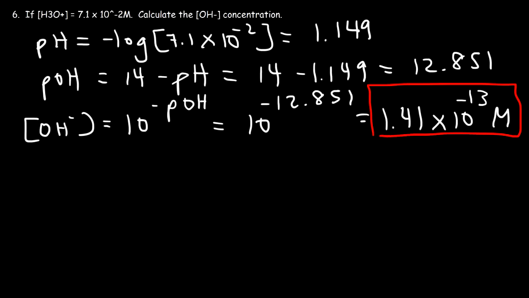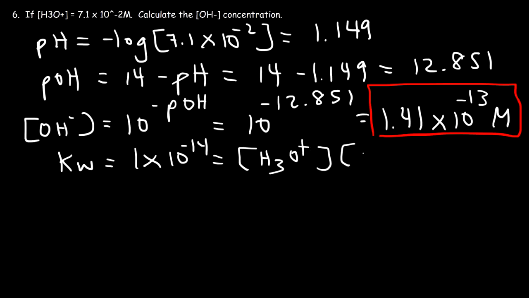Now, it turns out that there's another way to get the same answer, and it's using the autoionization constant for water. Kw, which is 1 times 10 to the minus 14, is equal to the product of the hydronium ion concentration and hydroxide at 25 degrees Celsius.